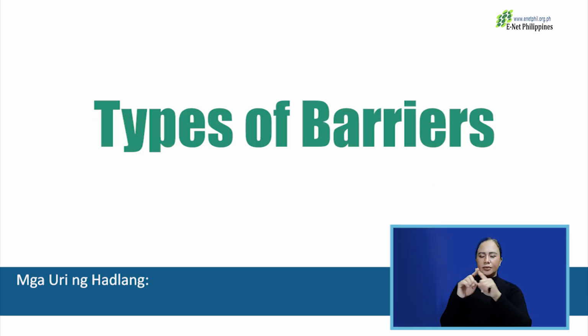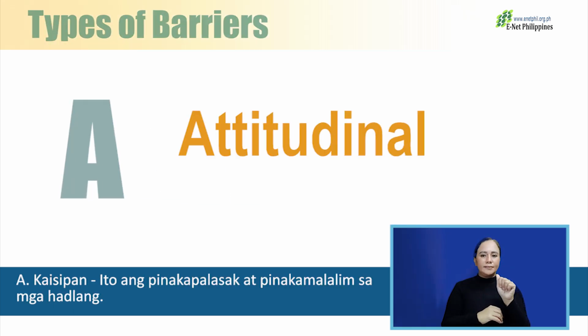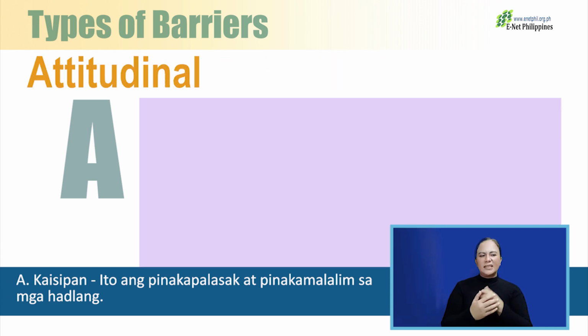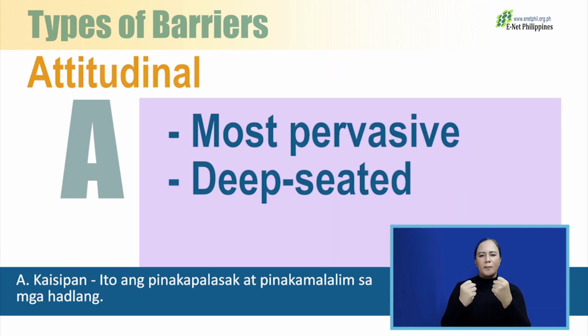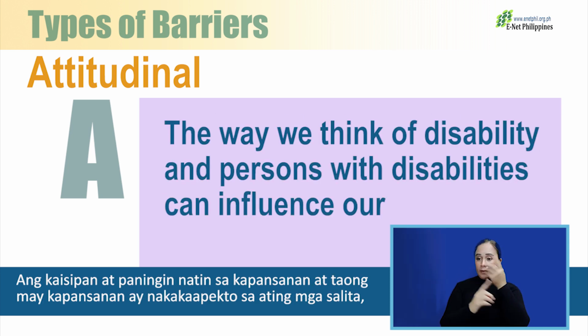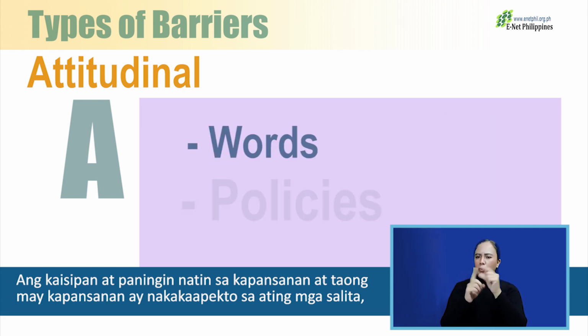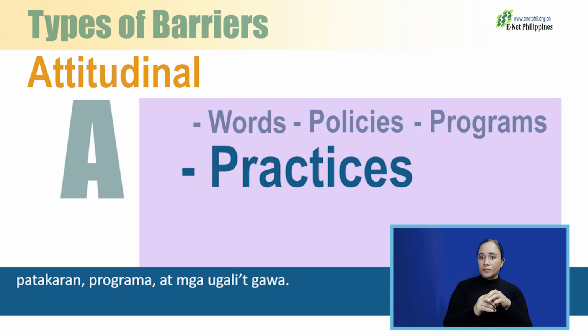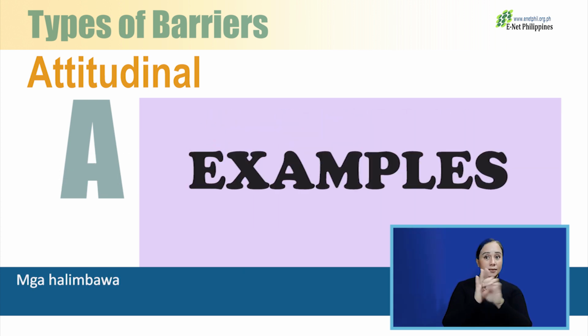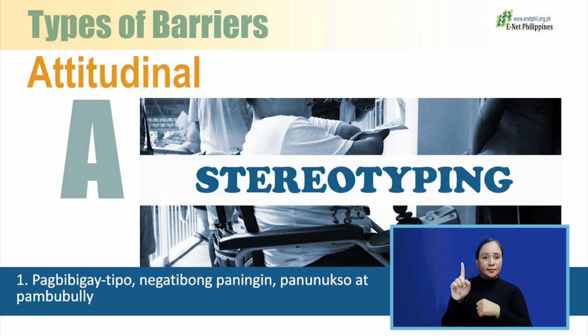Types of barriers. A. Attitudinal. This is the most pervasive and deep-seated among the barriers. The way we think of disability and persons with disabilities can influence our words, policies, programs, and practices. Examples. 1.